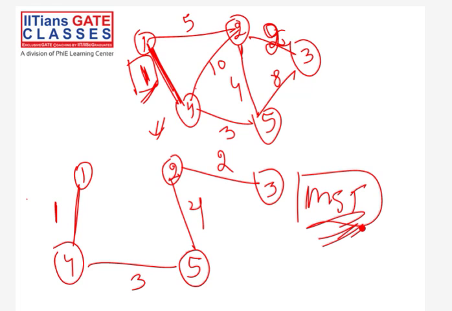Now do you have any intuition why this algorithm will always give you the right answer? How will this give you the minimum spanning tree always? Any intuition behind this?